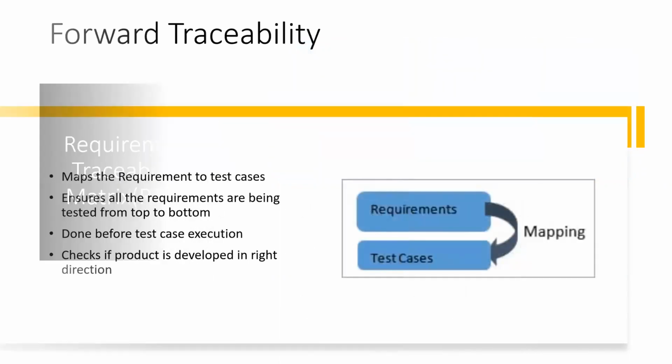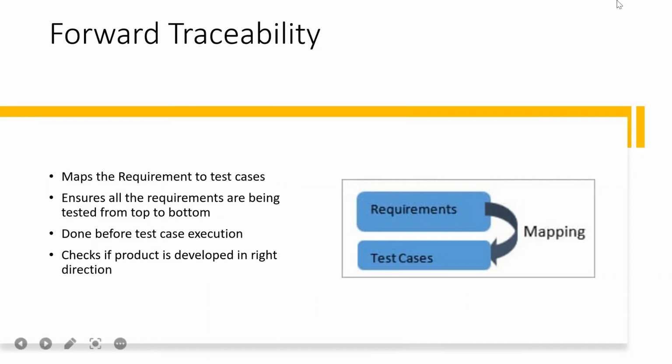So what we do in forward traceability is, as I said, from the requirement, we check whether this requirement is covered in a test case for testing. Doing it from the requirement to the test case, from top to bottom, is called forward traceability. It maps the requirement to the test cases.